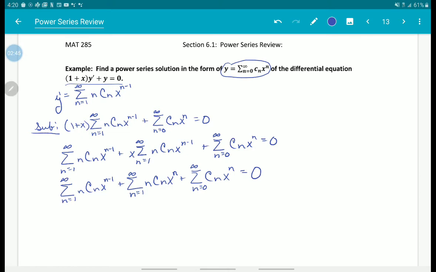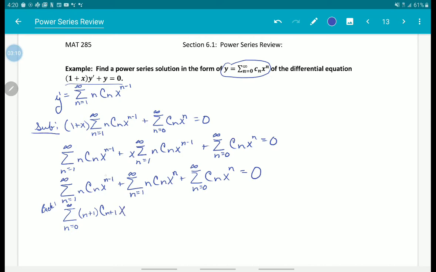Now let's rewrite that first sum. Notice that the second two have an x to the n already, so I need this to say x to the n. I need to move this exponent up 1, which means I need to move this back 1. So if we move that back 1 to start at 0, that's going to change these two n plus 1s in here.